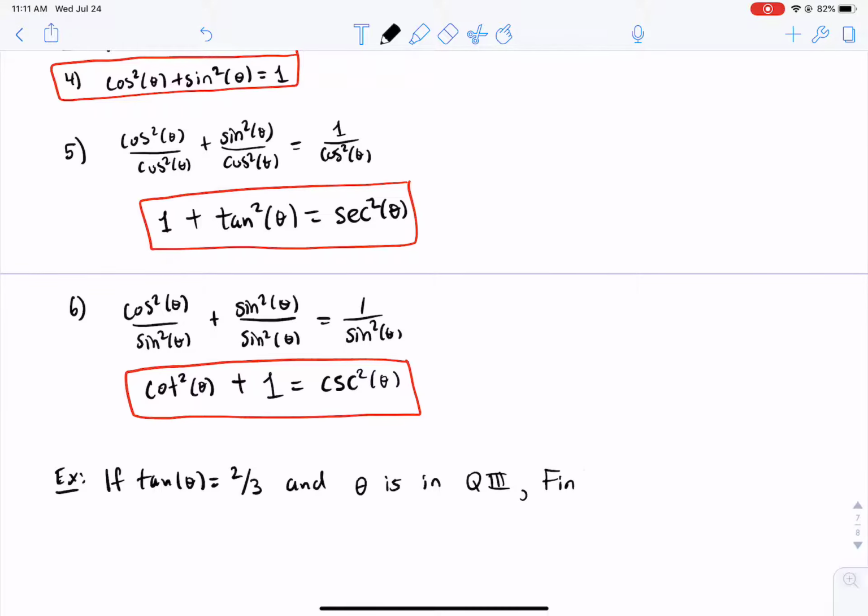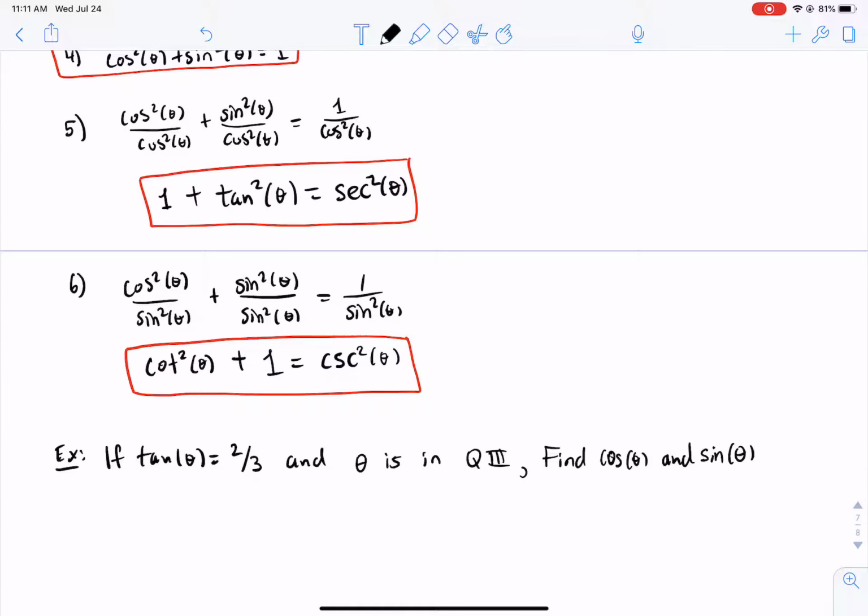Find cosine theta and sine theta. Find the other ones. So just remember, if tangent theta equals 2 over 3 and theta is in quadrant 3, find cosine theta and sine theta.